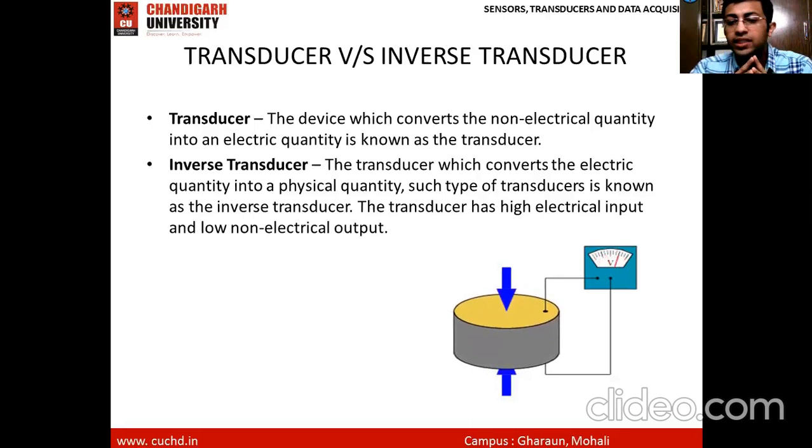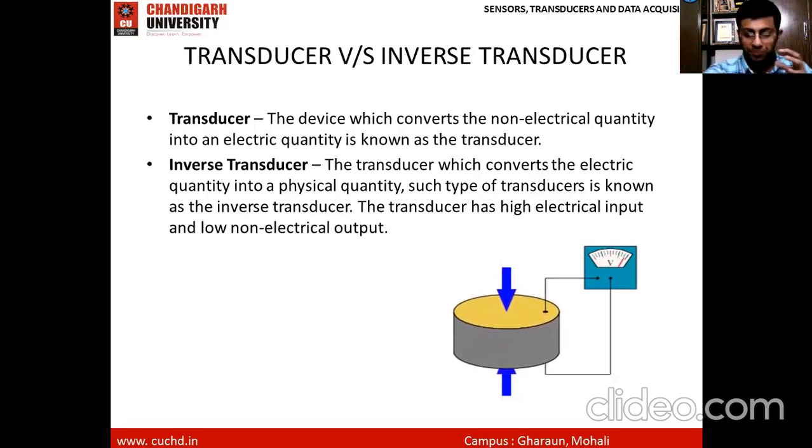The best example is a piezoelectric crystal. As you can see in the bottom diagram where the animation is shown, a piezoelectric transducer can behave as a transducer as well as an inverse transducer. It has the property to behave as both. The reason is that when you apply pressure on both ends of a piezoelectric crystal, as shown in the diagram, you get a corresponding voltage difference between the two ends, as shown by the voltmeter.